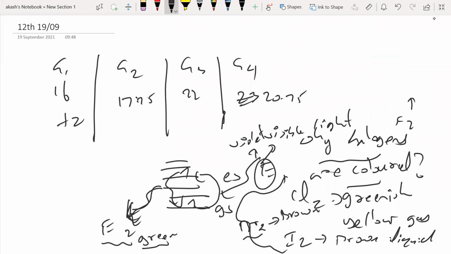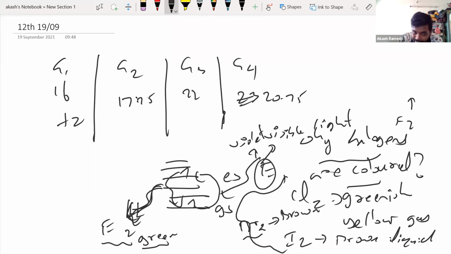Could you once again repeat the final answer? Yes. Basically the halogens absorb energy and the electrons get excited. Some color of light, that is energy, is absorbed and the electron goes to the higher energy level.